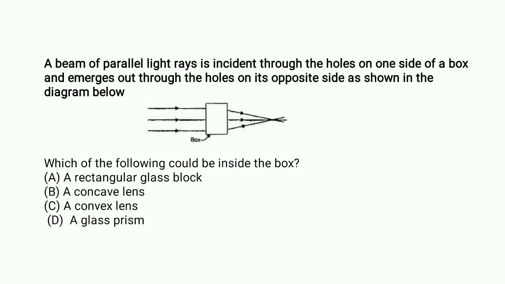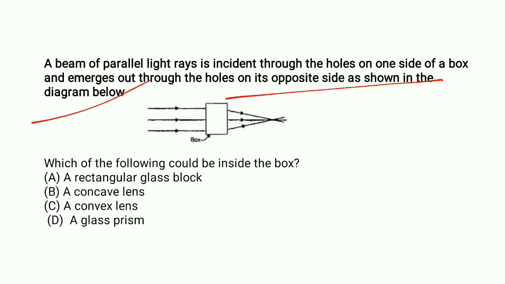Next question. A beam of parallel light rays is incident through the holes on one side of a box and emerges out through the holes in its opposite side as shown in the diagram. Which of the following could be inside the box?